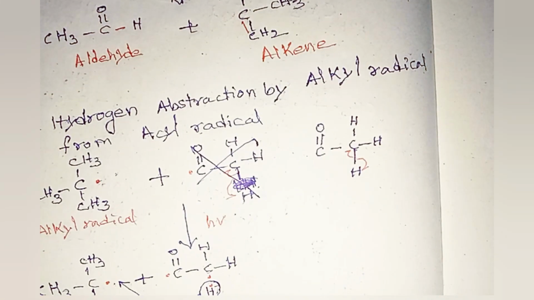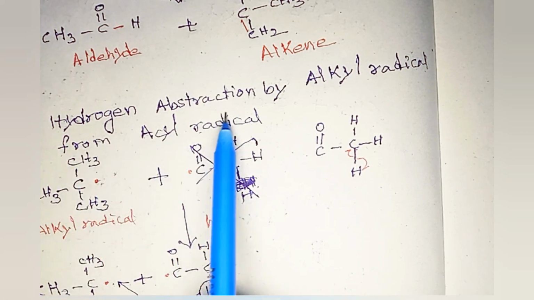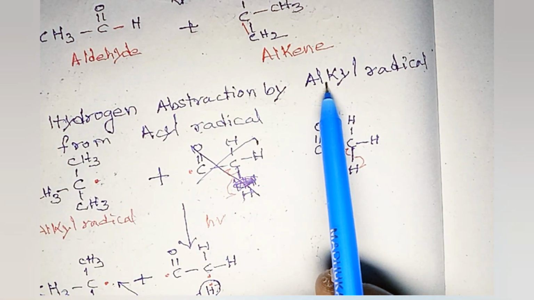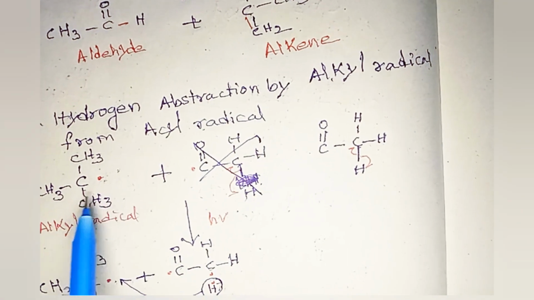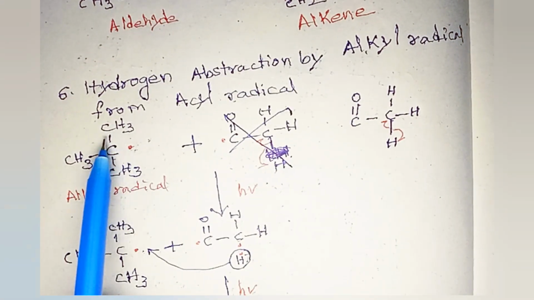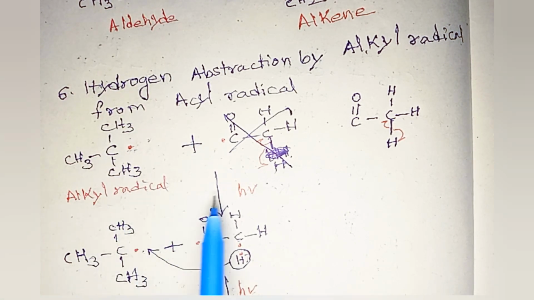Now let us see. We have first seen hydrogen abstraction by acyl radical. Now hydrogen abstraction by alkyl radical. From where will it get hydrogen? From acyl radical. So this is the alkyl radical, CH3 radical.